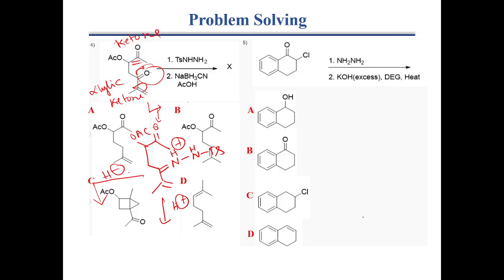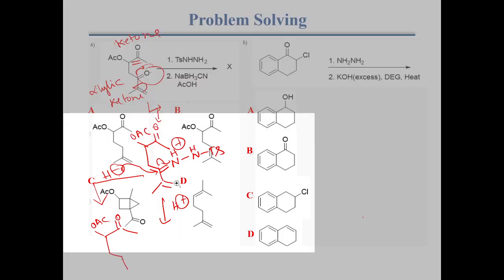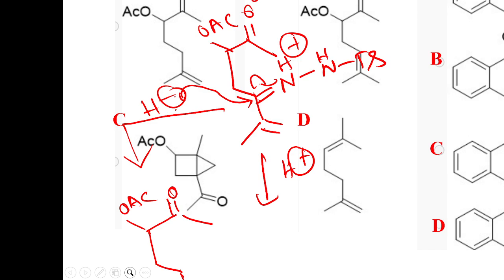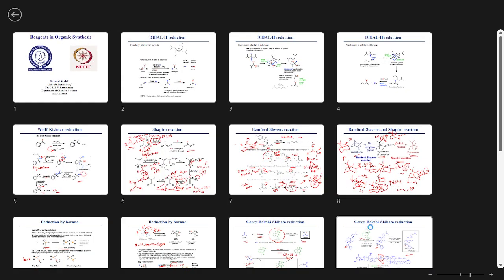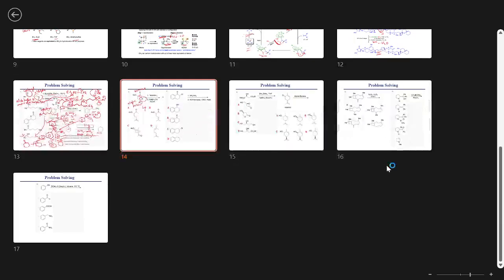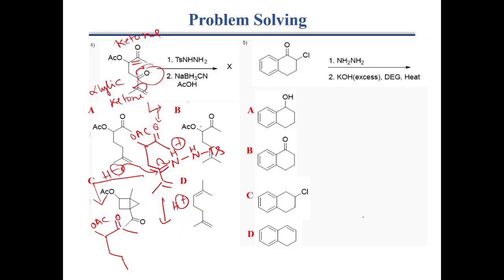Sodium cyanoborohydride is famous for reduction of the iminium. So the hydride addition happens to neutralize this and form this one.